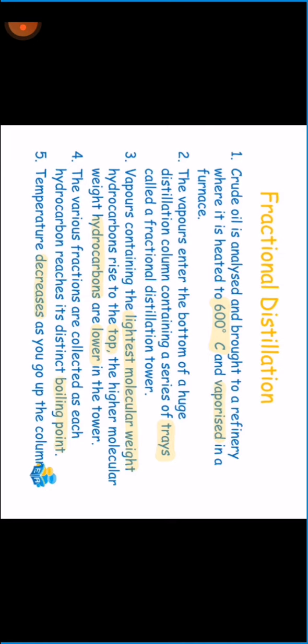So the different substances distill off at different trays, and based on where they distill off according to their boiling point, we can know what group of hydrocarbons they represent.